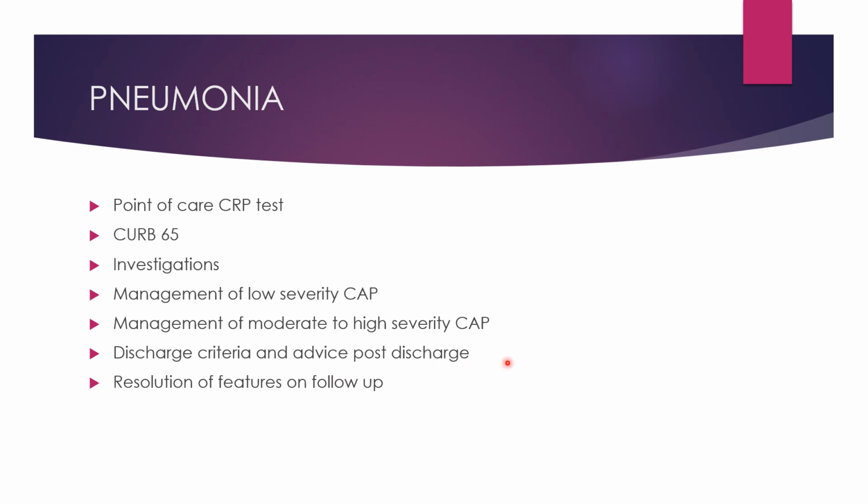Those features are temperature greater than 37.5, respiratory rate greater than 24, heart rate over 100, systolic blood pressure less than 90, oxygen saturation less than 90 on room air, abnormal mental status, and inability to eat without assistance. So if these features are present, the patient is not considered for discharge.